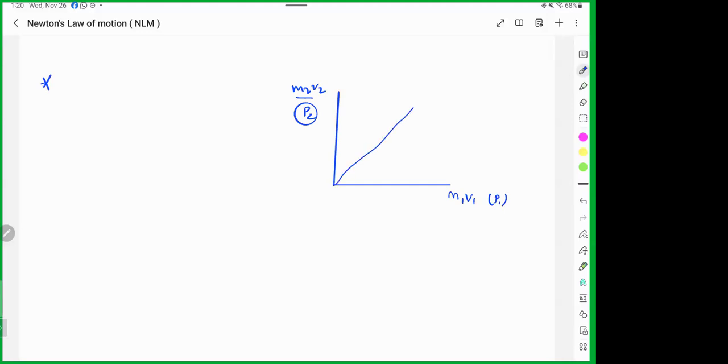They will have one resultant, correct? And this resultant will be equal to p3, equal and opposite, which is equal to m3 v3, correct?